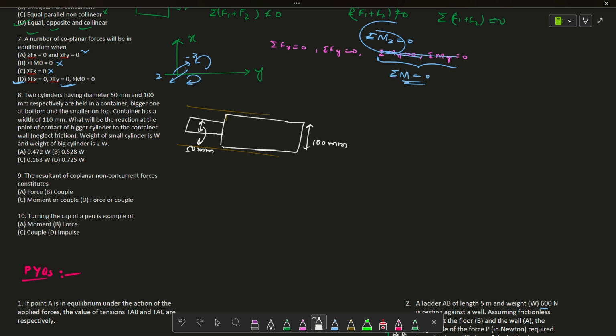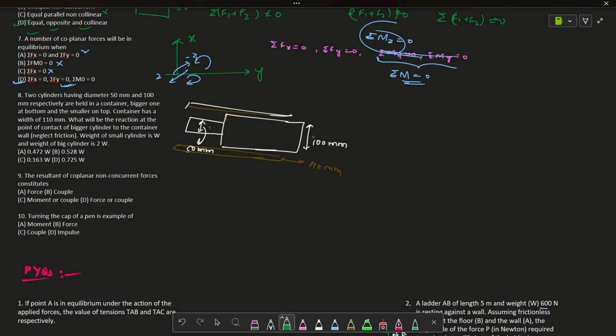They are in the container, bigger one at the bottom and the smaller one at the top. Container has a width of 110 millimeter. That means we are talking about this container, the brown part, and it is having a width of 110 millimeter. What will be the reaction at the point of contact of the bigger cylinder to the container wall, neglecting friction? Weight of the small cylinder is W.